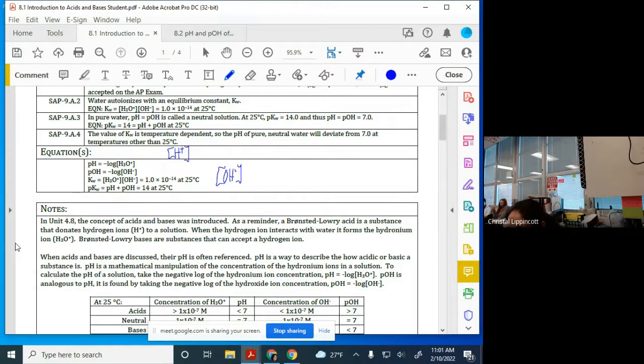So 1 times 10 to the minus 14 divided by my OH concentration is going to equal my H plus. I just think that it leads you to a lot of sources of error trying to type this guy in. It's a lot easier just to take it and subtract it from 14, personally.